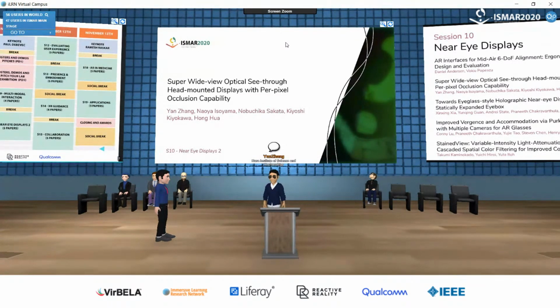Yeah, of course. If you put any lenses into an optical system, it will introduce more distortion, more aberration.